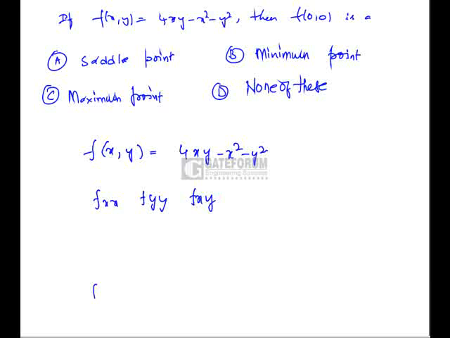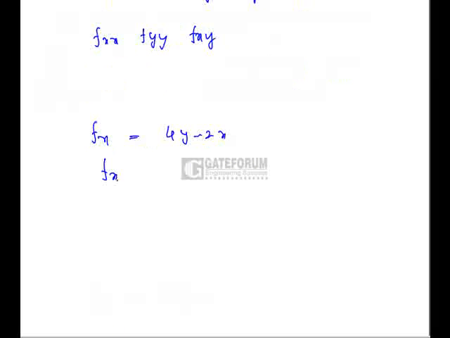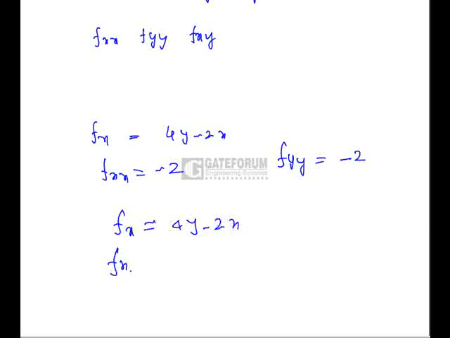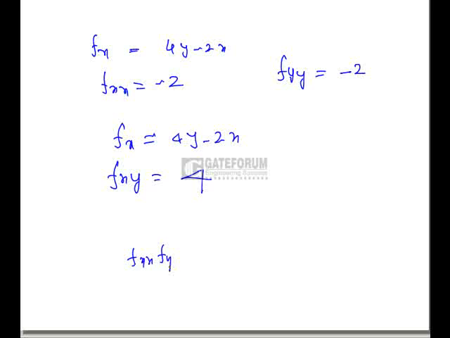Now here fx is nothing but 4y minus 2x and fxx is nothing but minus 2. Similarly fyy, if I differentiate the function twice with respect to y, it will be minus 2. And fx we already know is 4y minus 2x, and fxy, if I differentiate, it will be 4. Now let us take the relation fxx into fyy minus fxy whole square. If this is less than 0, then the function will have a saddle point.